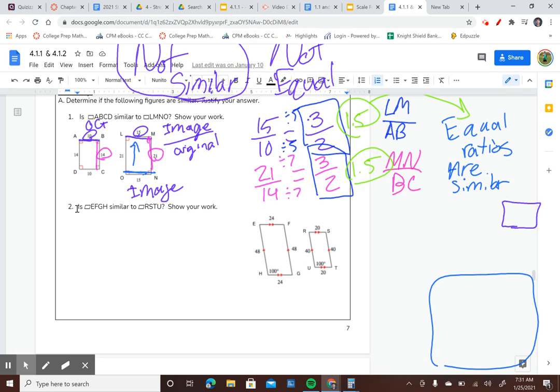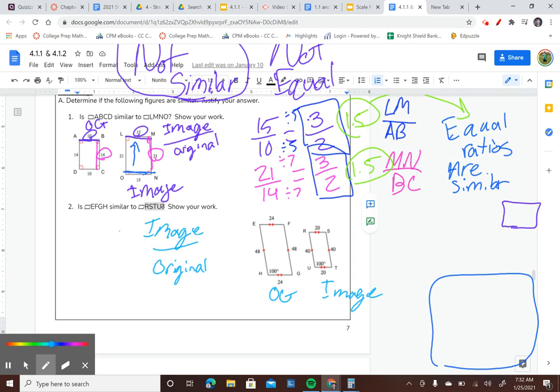All right, so then you would do the same thing here for EFGH to see if it's similar for RSTU. Remember, what we do here to solve is take the image and put it over the original. And again, this is going to be the image over here. This is going to be the original. And one thing I'd like to note is that sometimes you'll see this as new over the old.